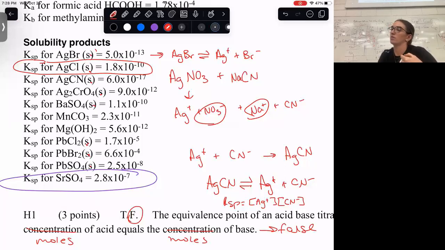And then for question 20, is this something that most likely wouldn't show up? Because I have no clue what this was. Yeah, this is your Ksp, and I think you might need to review your Ksp material a little bit more, like what solubility product is.